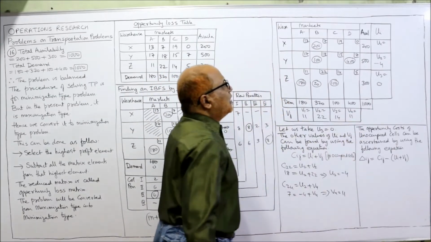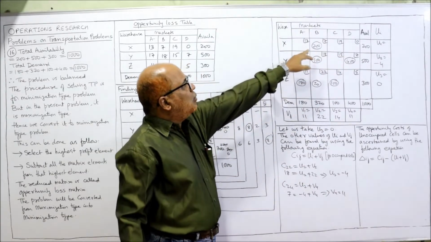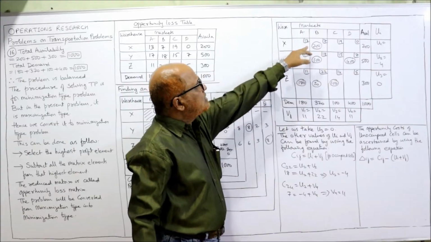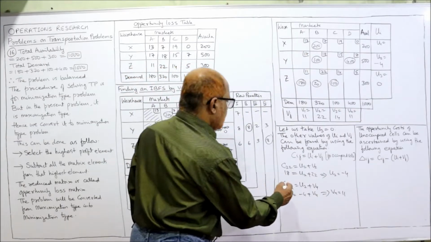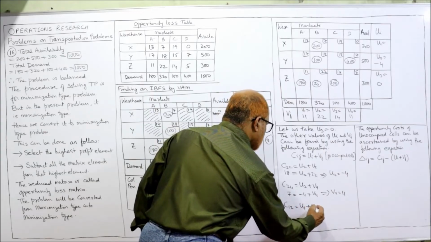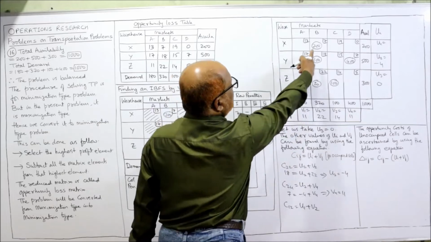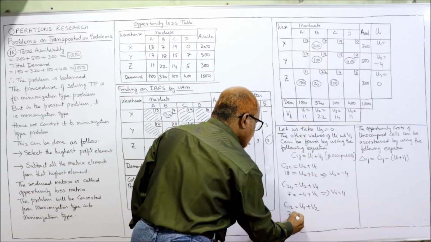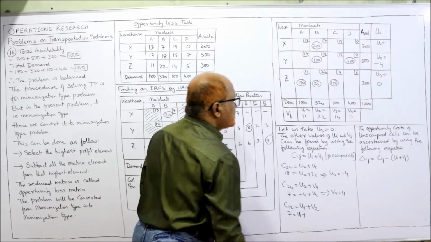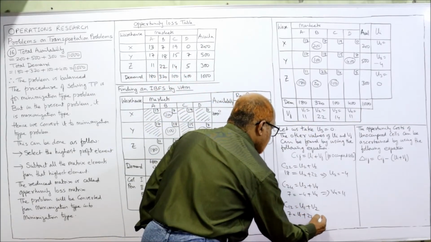Lastly, by using this cell, we can get the value of U1. The location is first row, second column, C12. C12 is equal to U1 plus V2. C12 is 7. So 7 is equal to U1 plus V2, and V2 here is 22.